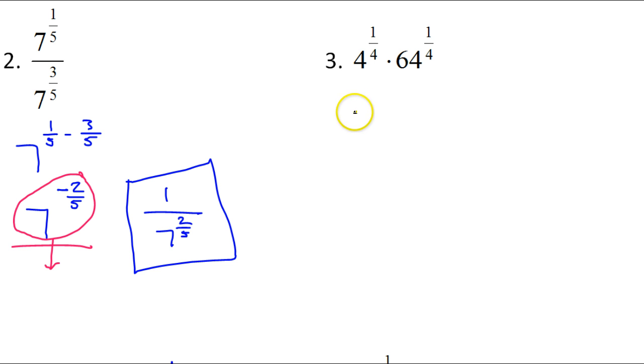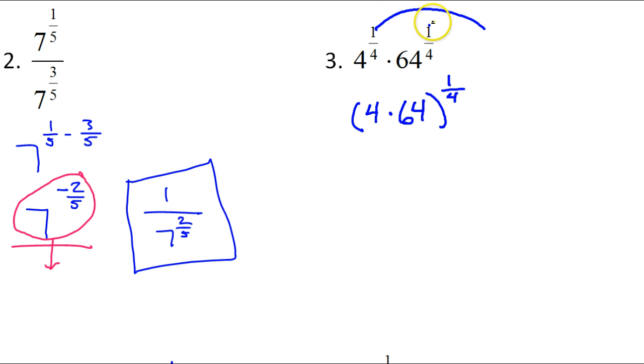Because basically, what's really happening is, it's like taking out the 1/4 power from each one and leaving behind 4 times 64 and then doing the 1/4 power. Because you know that if I had two things multiplied together, I could take this 1/4 power and apply it to each. Well, this is sort of the reverse of that.